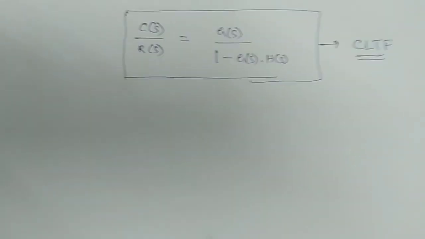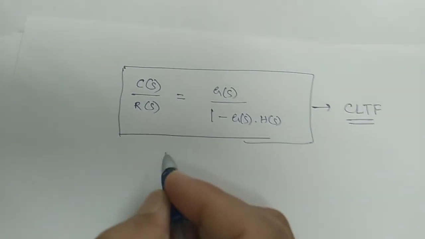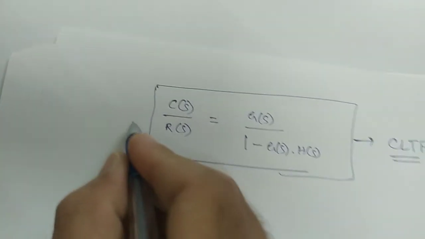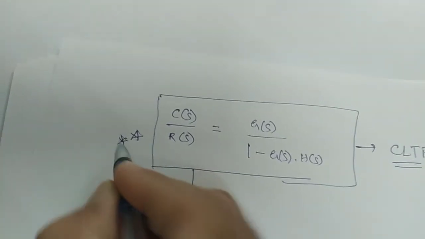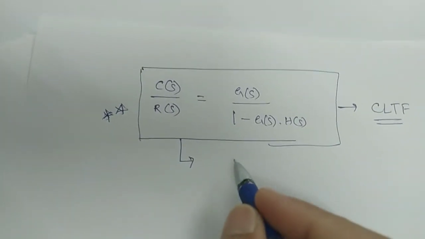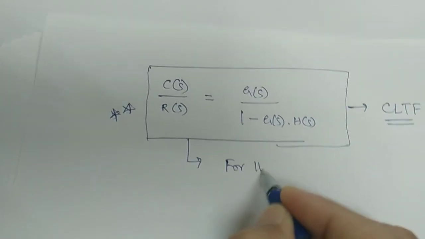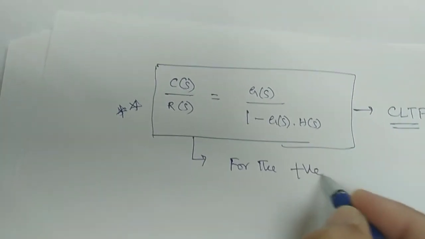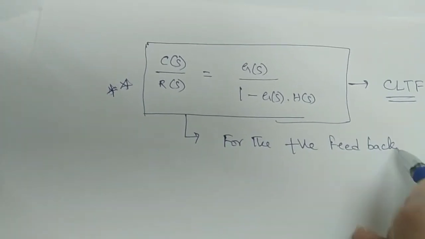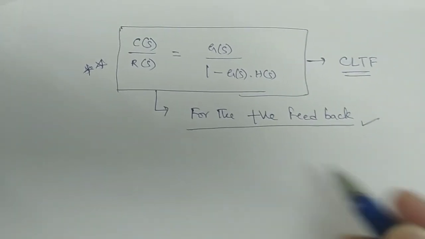So remember that, and one thing is, this is for positive feedback. This is a very important formula, for the case when the feedback is positive. Okay, this is the formula.